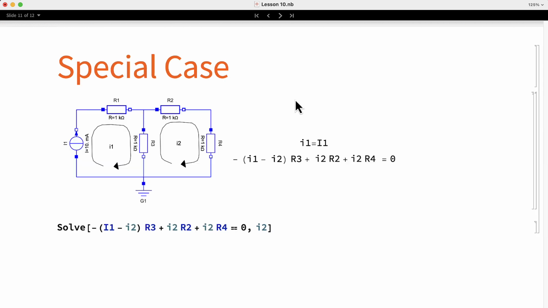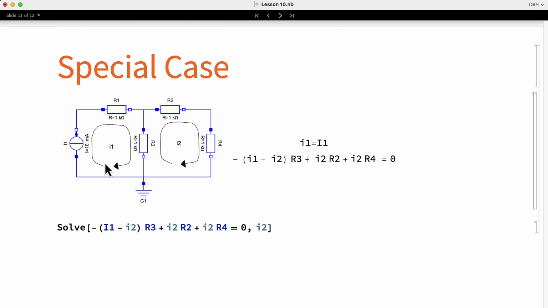There is one special case that we need to consider. This is the same circuit, but we have replaced the voltage source with a current source. In this case, the current source is part of the loop. Therefore, the current I1 is a known variable.